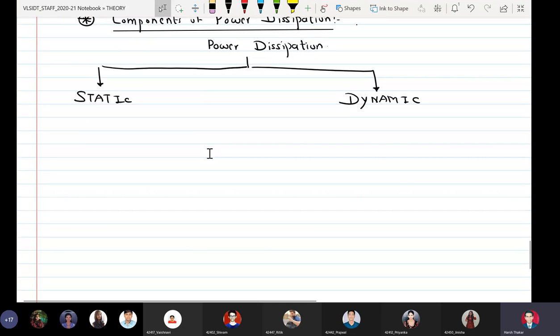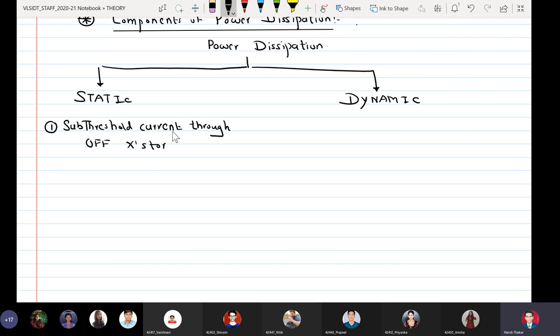And there are many contributing factors to static power dissipation. The first is sub-threshold current through off transistors.